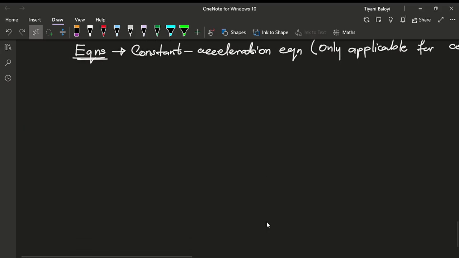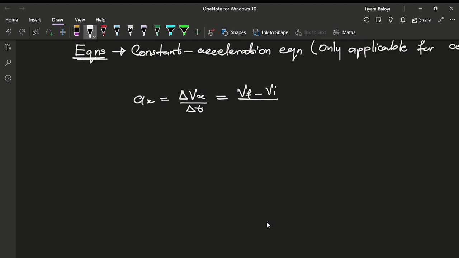So how do we actually get our equations of motion? Let's get started. We know ax is equal to change in vx over change in time. We can say this is v final minus v initial, which could be v2 minus v1, doesn't matter.